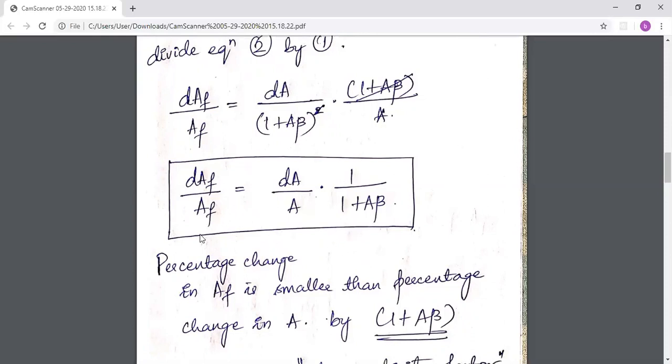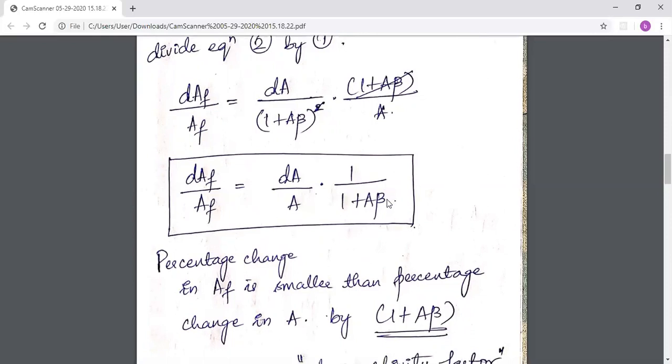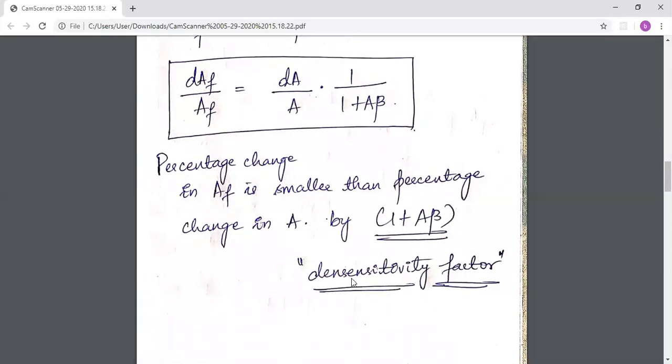Whenever we have feedback, the change in the gain due to external factors is less by a factor known as the desensitivity factor. Remember this, 1 plus A beta is called the desensitivity factor. This is the main advantage of negative feedback. Whenever we have negative feedback, the percentage change of the gain is reduced when compared to a system without negative feedback.